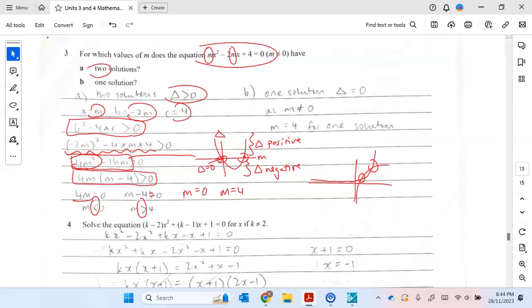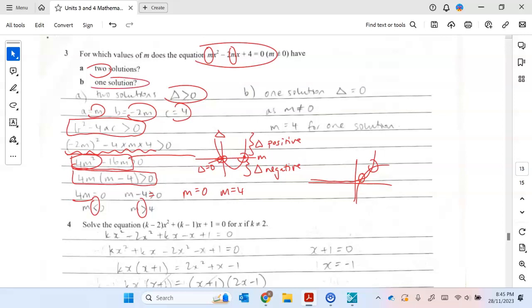You can also substitute in a value either side of 0 and 4 and check whether it's true or not. We'll do that in class because if I go over it now, it might be even more confusing. So I'll consolidate it in class anyway.